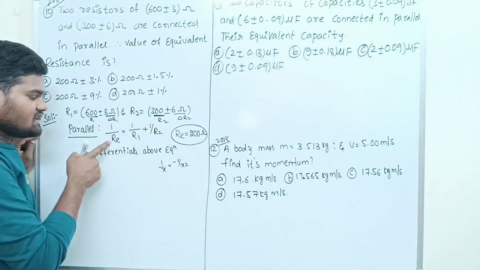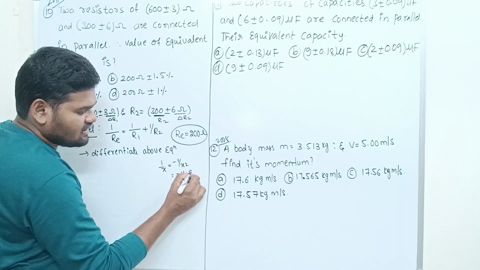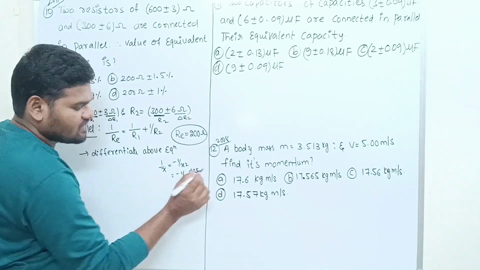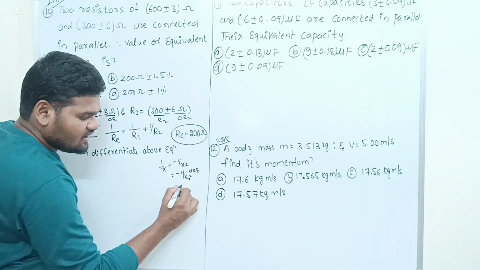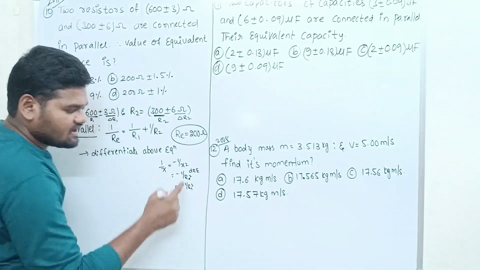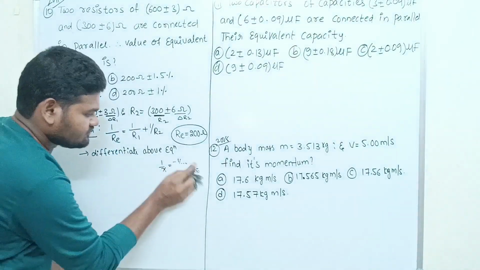If you differentiate 1 by Re, it becomes minus 1 by Re square into dRe. Similarly, minus 1 by R1 square for R1. Likewise we have to differentiate.